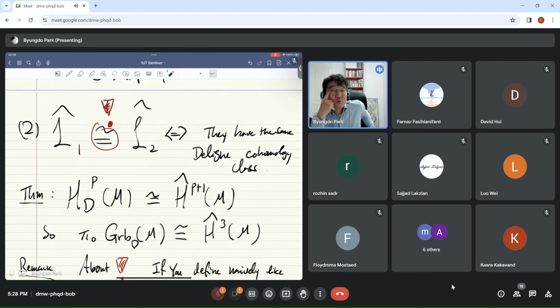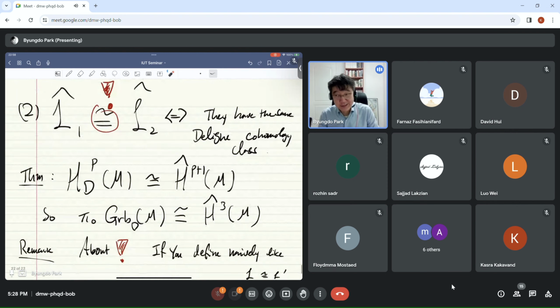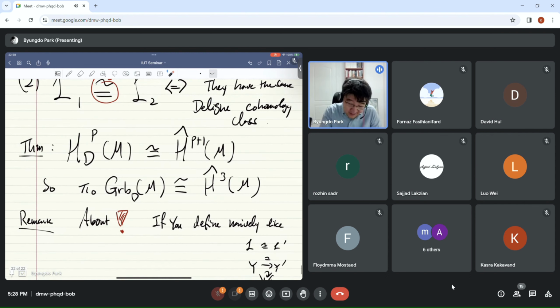There are too many ways to prove it, but probably the closest to the intent of this question would be the original proof that people came up with. Cheeger-Simons defined this, and Deligne defined this, and then there should be some first person who showed this.